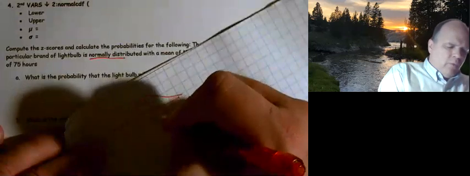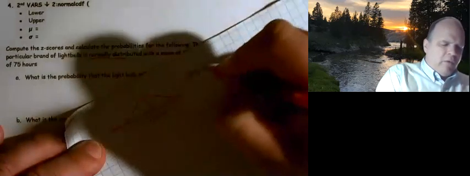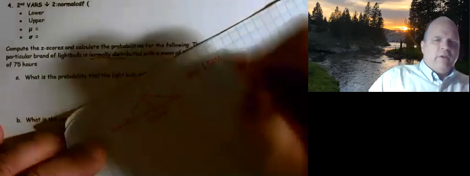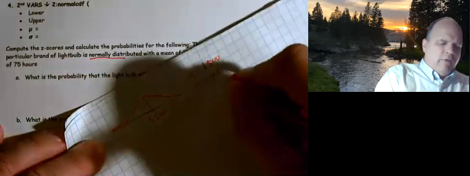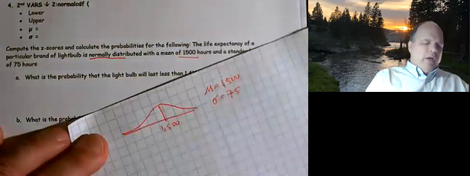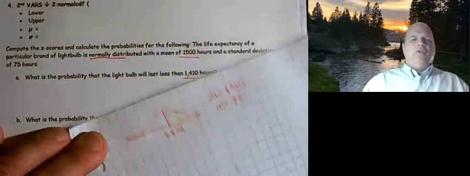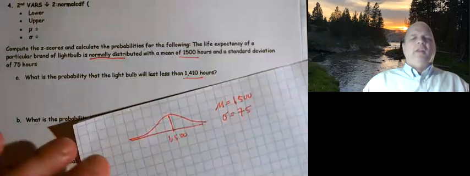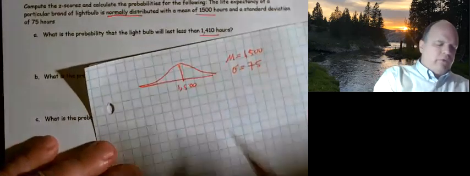Our center is here at 1,500. So we have a mean equal to 1,500 and a standard deviation of 75, and they told us it was normal. If I wanted to, I could sit there and draw standard deviations out, but I'm not going to. And it says, what's the probability that it'll last less than 1,410 hours?